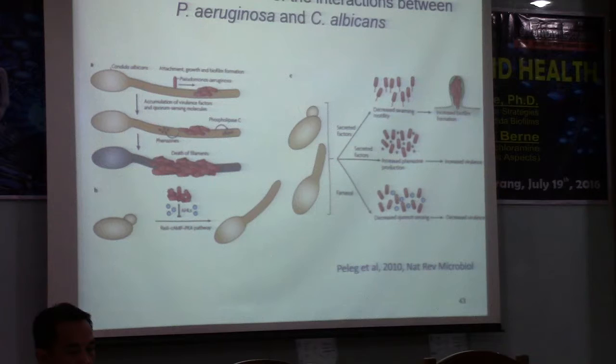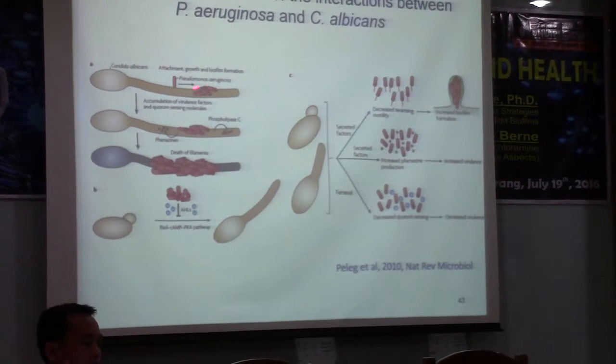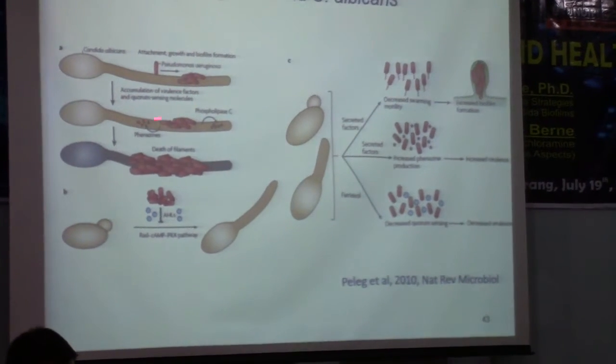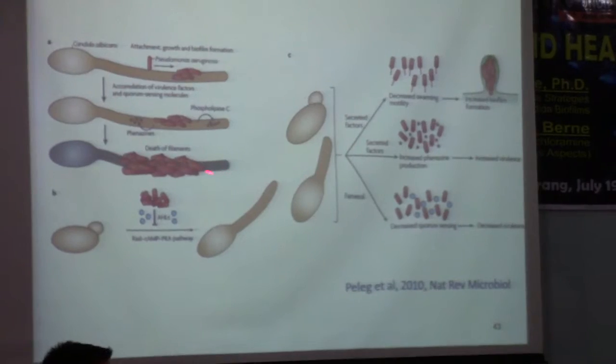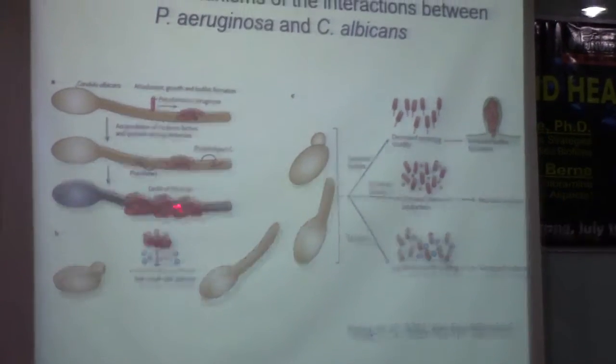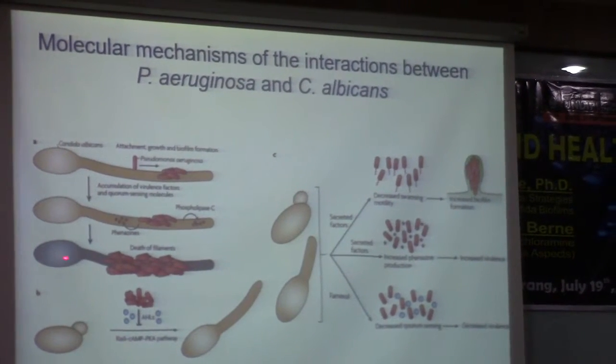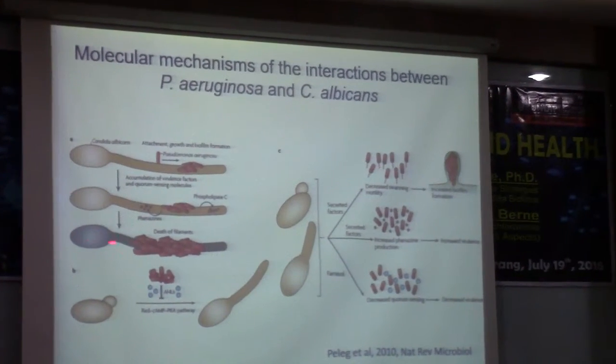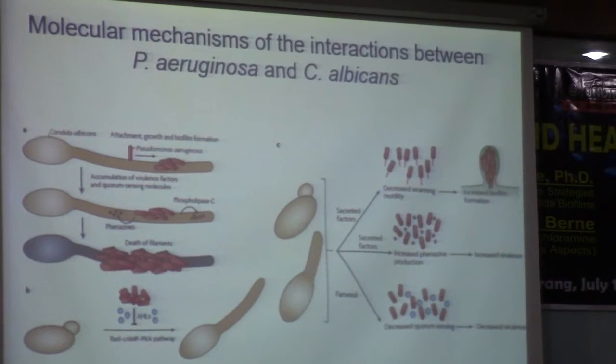So you can see that here Pseudomonas aeruginosa adheres to the hyphae, kills the hyphae, and develops this biofilm on the hyphae. The killing is shown by the change in color.